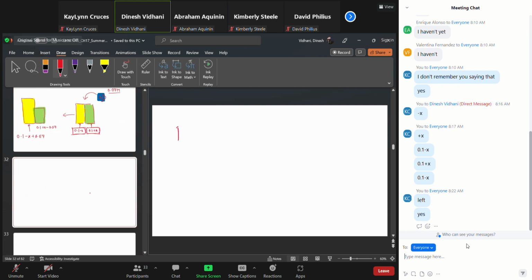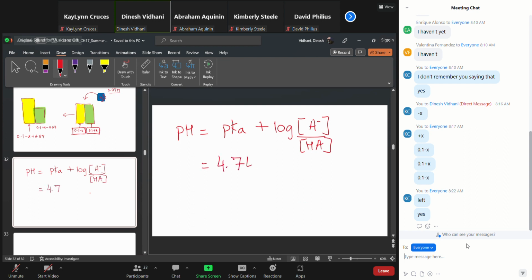Henderson's equation, quite simple: pH equals pKa plus log of salt concentration divided by undissociated acid concentration. This pKa is 4.74. We know that because acetic acid has a Ka of 1.75 times 10 to the power negative 5, so it should be 4.74 if you take the negative log of it. Now I'm going to take the log of the acetate ion concentration.